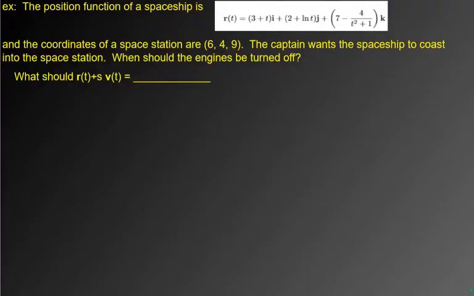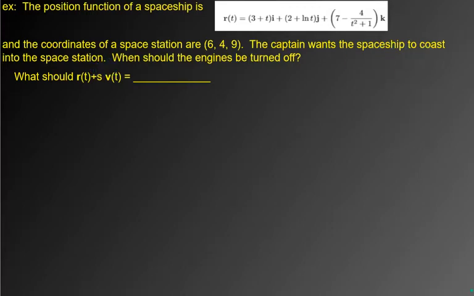All right, so this problem is actually out of the book, but it reminds me of this celestial mechanics class that I think I told you in a previous video I took. We did a lot of these word problems where you have some sort of position vector valued function, and you have the coordinates of this space station, which are at 6, 4, 9, and the captain wants the ship to coast into the space station.